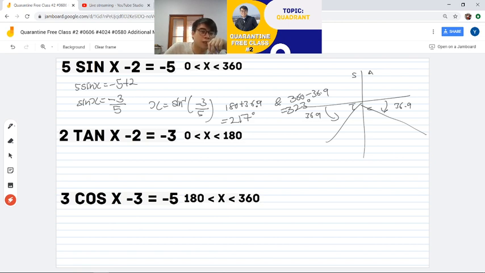So for the next two questions, I want you to try this one first. However, do take note of the range. They only cover the first and second quadrant. So this is where they can set up the trap for you during the exam. They purposely excluded the third and the fourth quadrant. They only want the results where tangent is negative in the first and second quadrant.